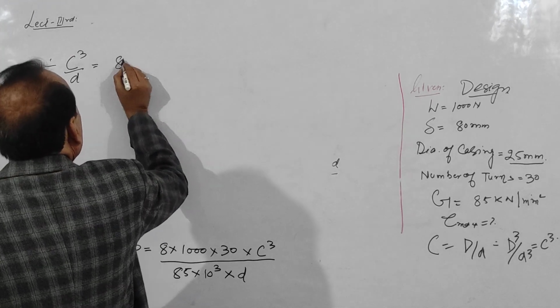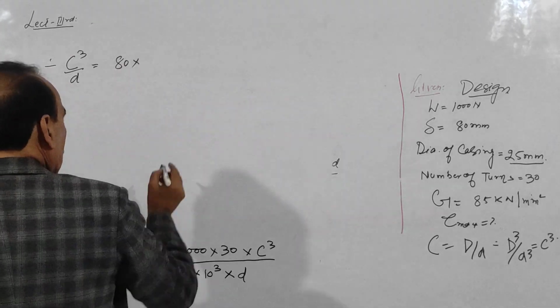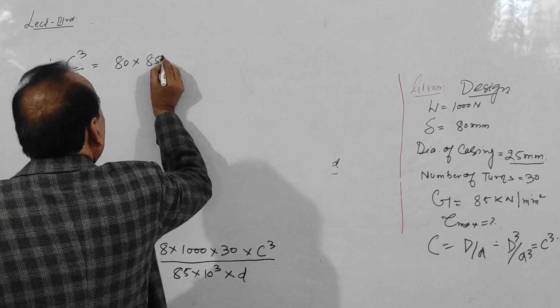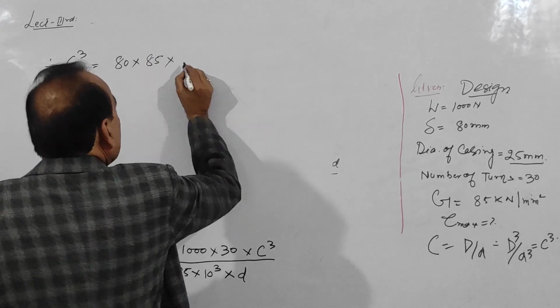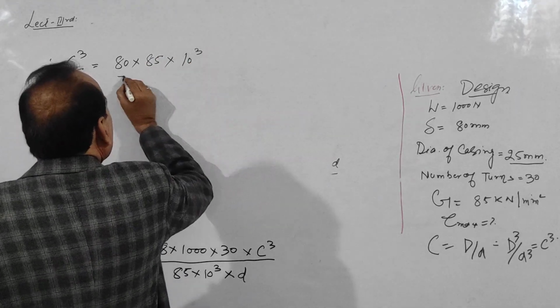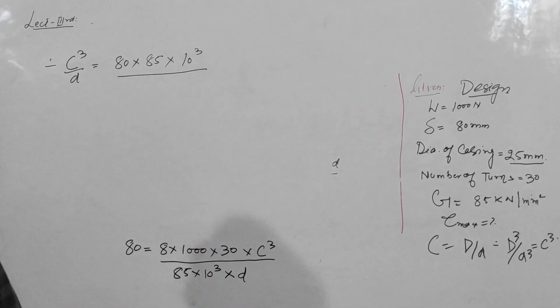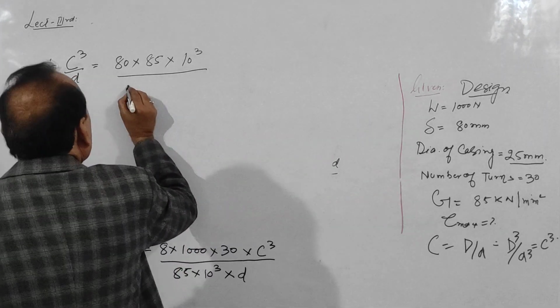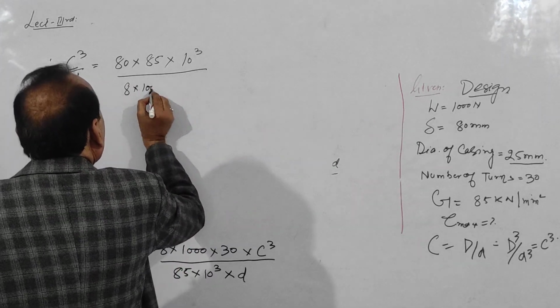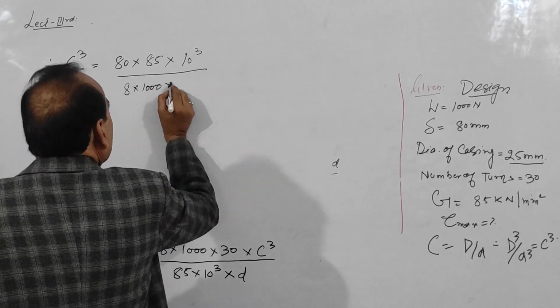So 80 into 85 into 10 raised to power 3 divided by 8 into 1000 into 30.